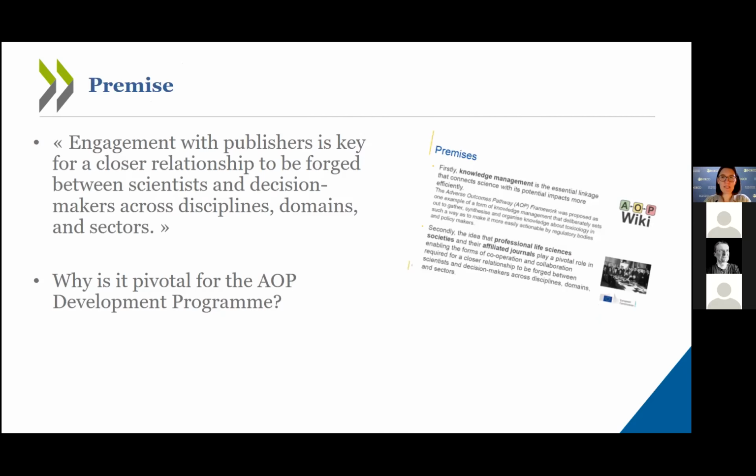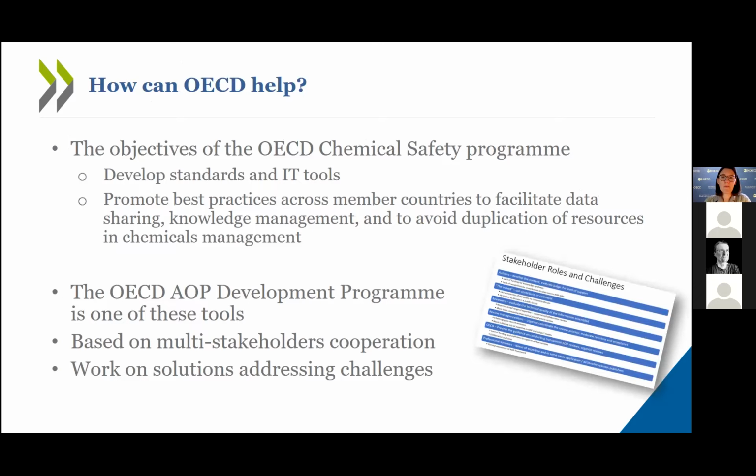So as presented by Clemens, engagement with publishers is key for a closer relationship to be forged between scientists and decision makers. So why do we consider this engagement so important for the AOP development program? Well, let me first put this into context and say a few words about the overall objective of the OECD Chemical Safety Program, under which the AOP Development Program stands.